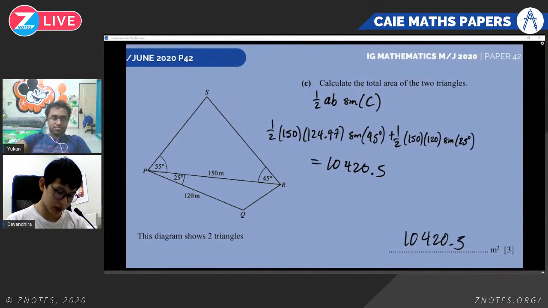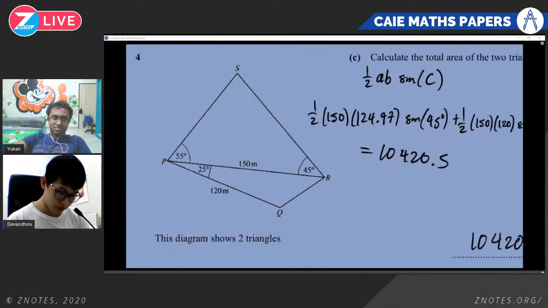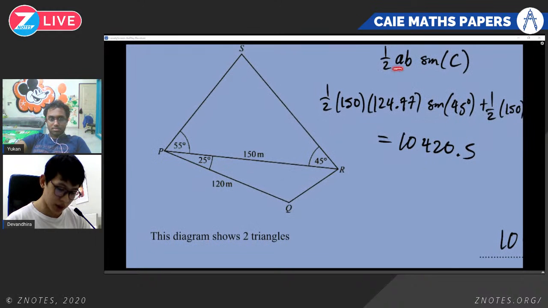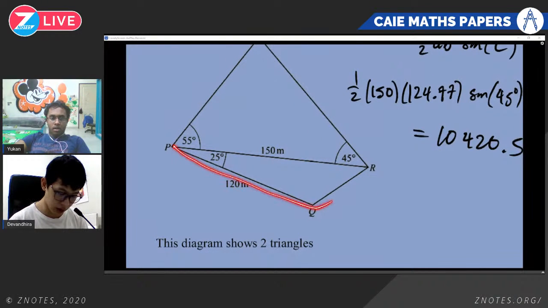We are asked to find the total area of the 2 triangles. For this, we have to use this formula: the area of a triangle is half a b sine C, where a and b are the adjacent sides to this angle C. Let's have a small example here and calculate the area of this triangle.